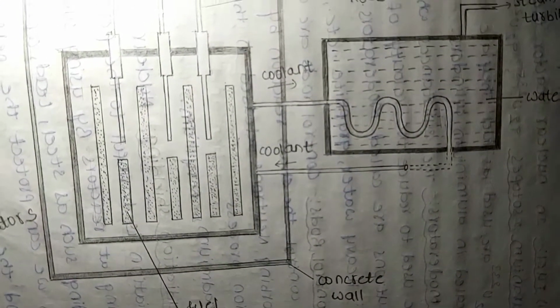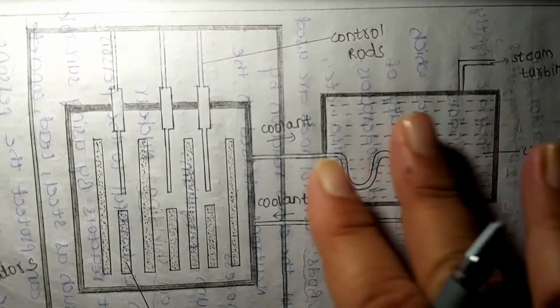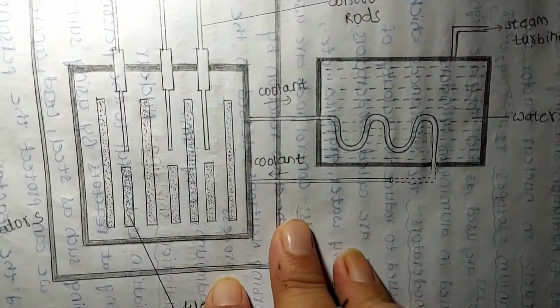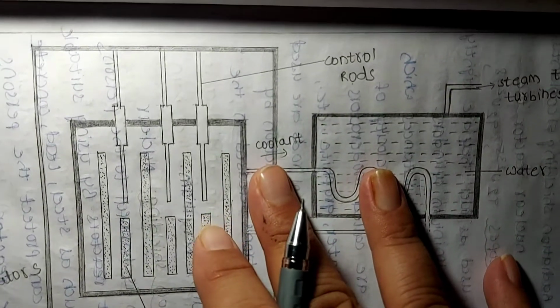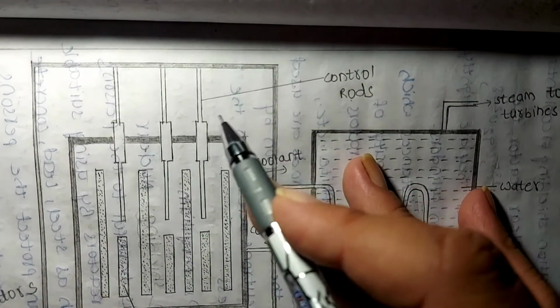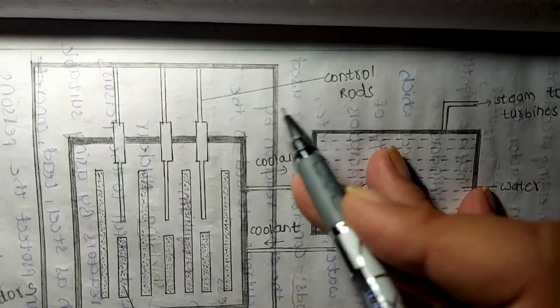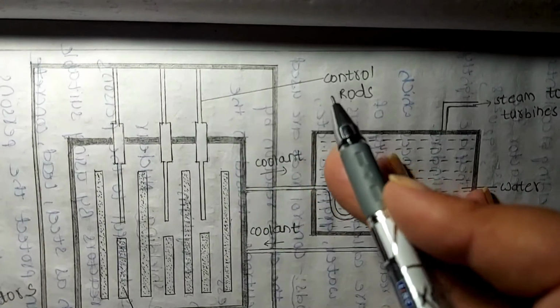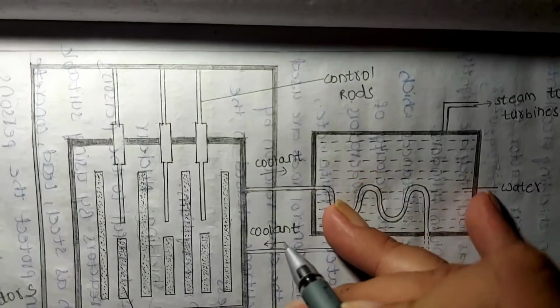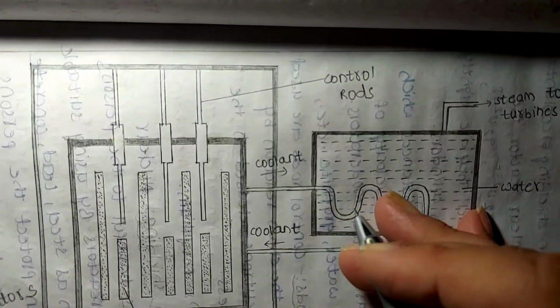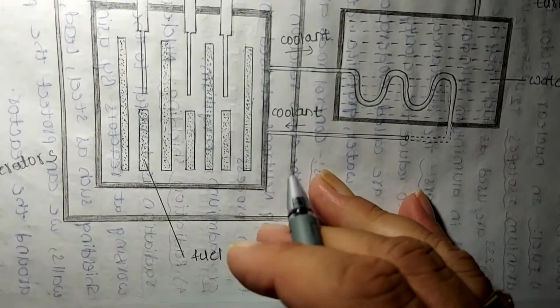This is a nuclear reactor diagram. These rods are the control rods, and this is the coolant.